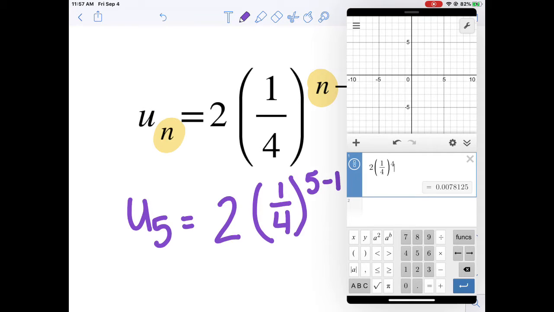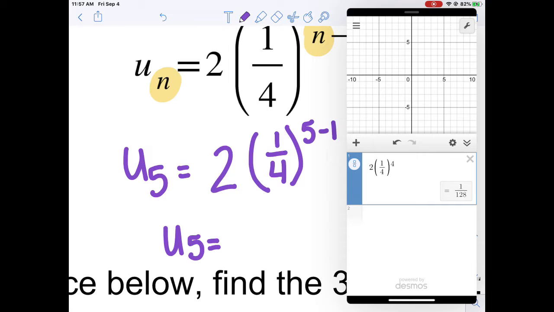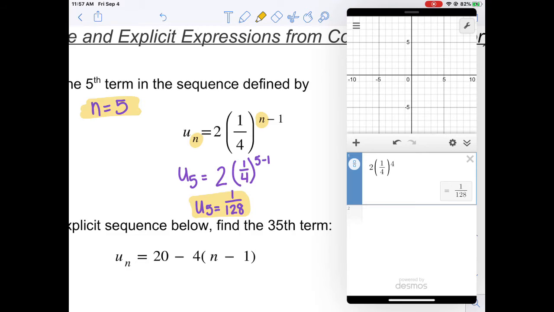I plugged that in right into Desmos. 2 times 1/4 to the 4th power. 5 minus 1 is 4. And I get u sub 5 to equal a decimal, but I don't want a decimal. We have fractions. I want to stay with fractions. So I'm going to hit the fraction button, and I get 1 over 128. So the fifth term is 1 over 128.